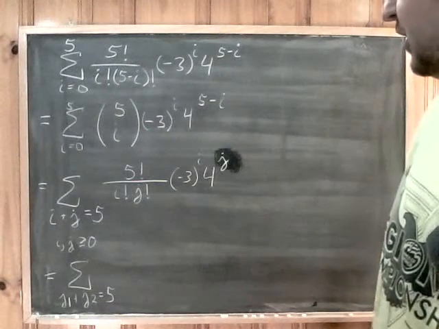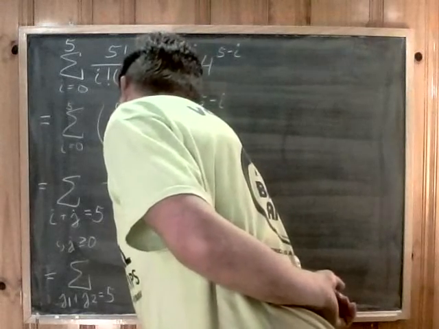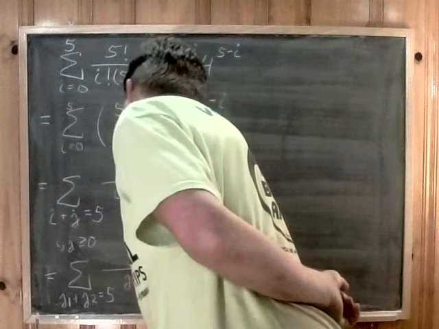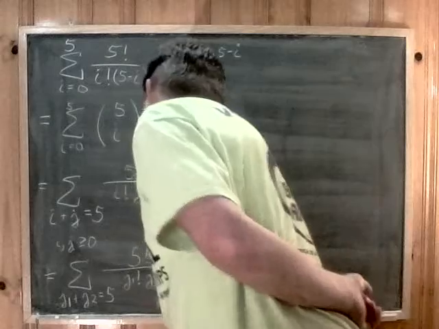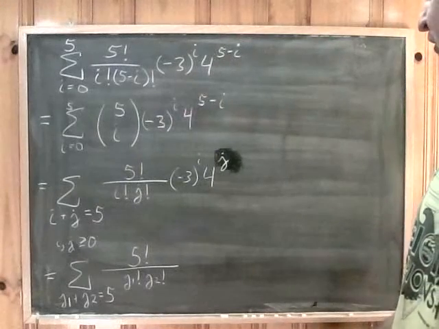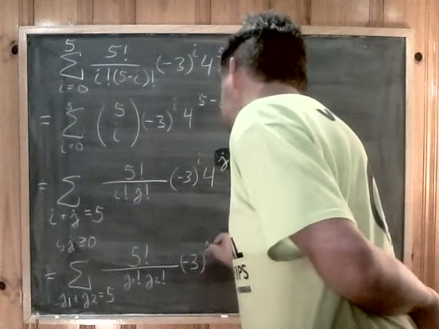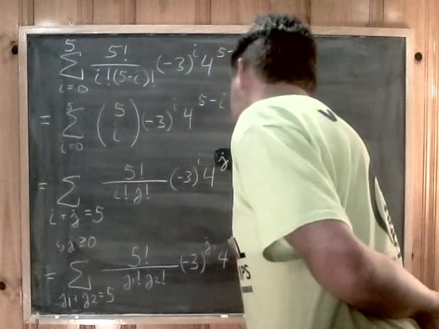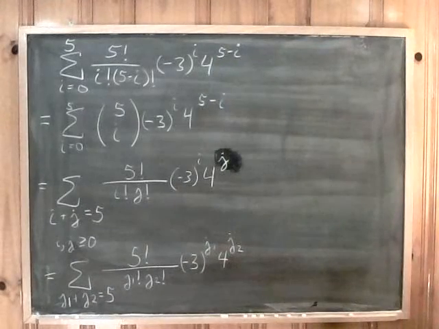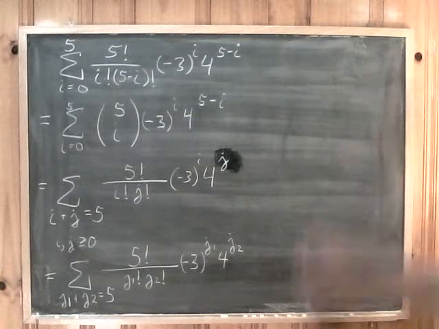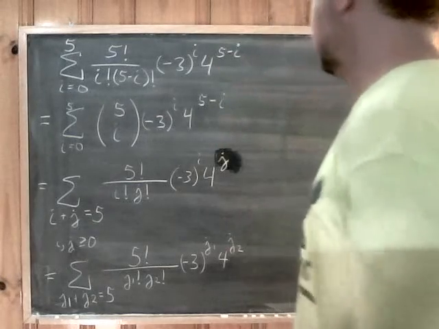I'm just calling it j1 and j2 instead of i and j, just to make sure that's clear. Then it's got 5 factorial over j1 factorial, j2 factorial, and negative 3 to the j1, 4 to the j2. So you get to pick your favorite. Any of those are exactly equivalent to the first one.